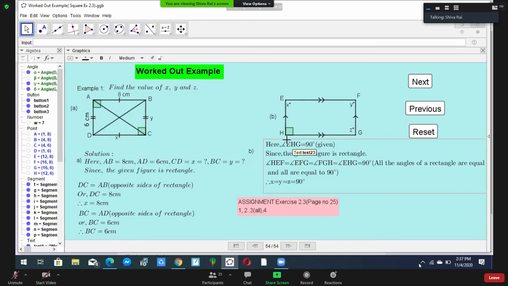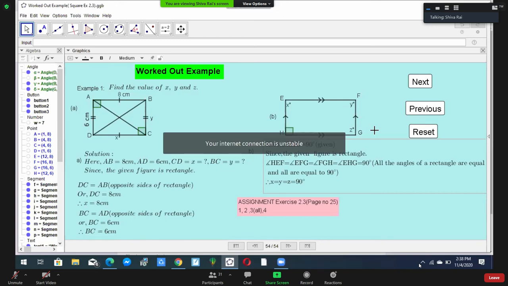If one of the angles of a rectangle is 90 degrees, you know the properties, all the angles are 90 degrees. In a rectangle, this angle must be 90, this also must be 90, this also must be 90, this also must be 90 degrees. So remember the properties of a rectangle. All the angles of a rectangle are 90 degrees. In the case of a square also, all the angles of a square are 90 degrees.